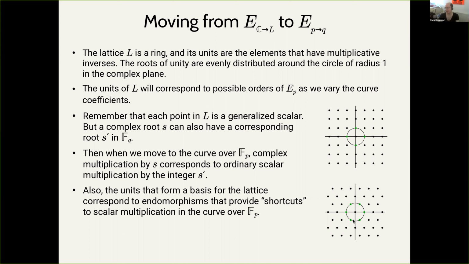So as we vary b, we get 6 possibilities for the curve order. And actually, these also correspond to sort of shortcut ways of doing scalar multiplication for particular scalars. So we're going to use that for optimization later.